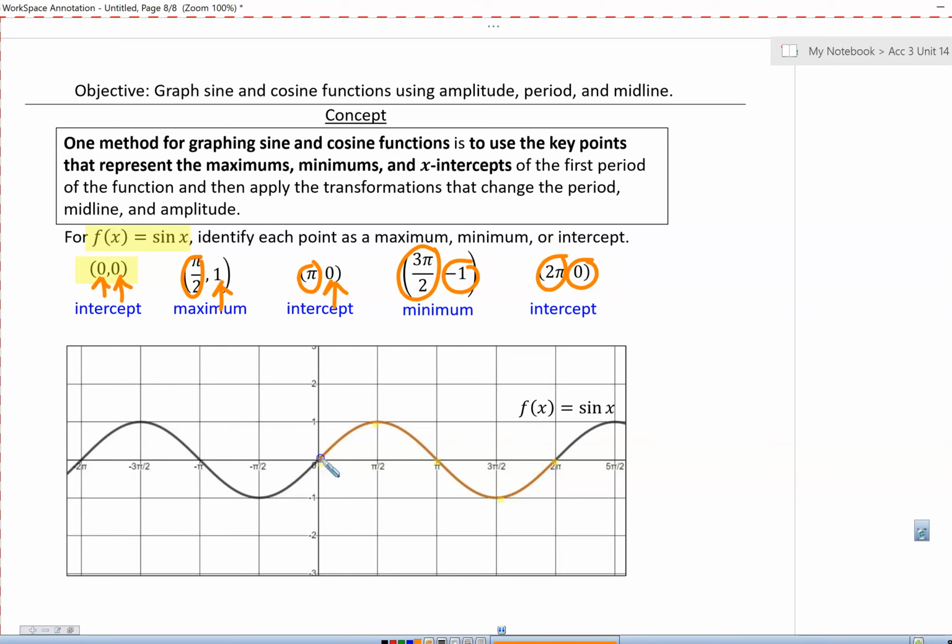And that gives us these points here, here, here, here, and here. Then drawing a smooth curve through those points connects them to give us our first cycle, or one full period, of the sine function. So we're going to use those key points to help us graph a sine function quickly and easily.